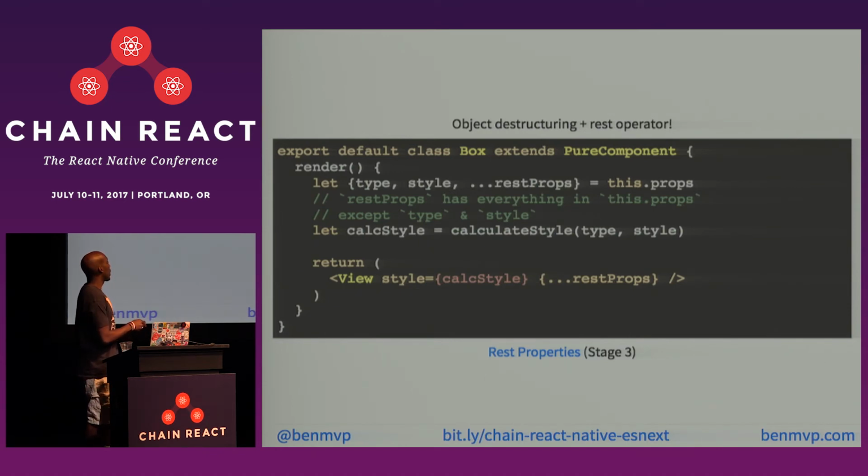It's actually JSX spread that I think gave the idea of having object spread since it wasn't in ES6. But rest properties, this feature right here, is also in stage 3. It's the same proposal as the spread properties. So hopefully it'll be coming out soon.